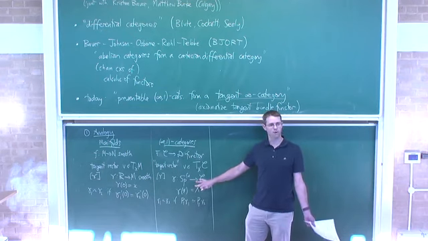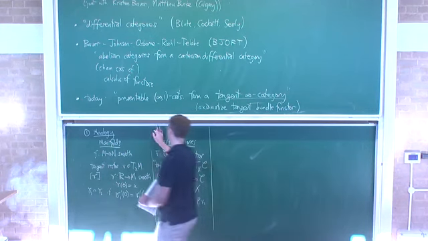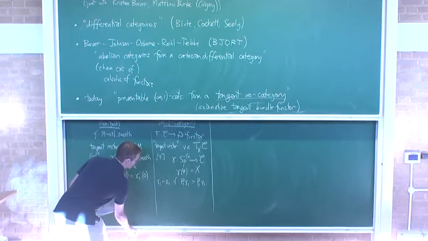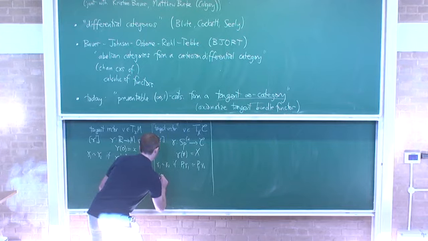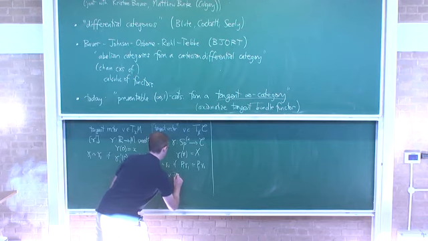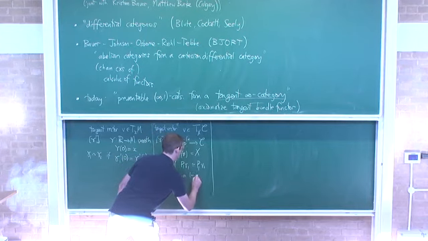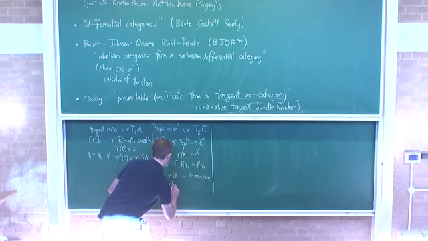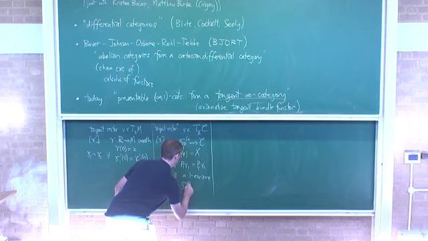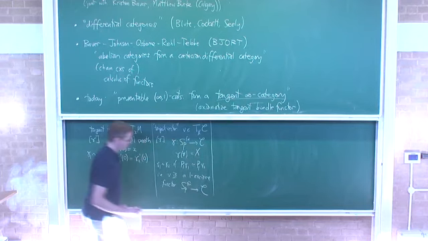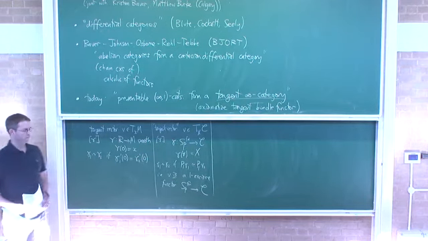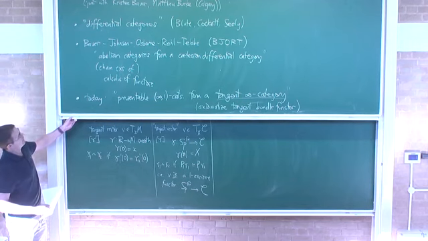So a cleaner way to say what a tangent vector is: V is a one-excisive functor from finite spectra. Okay, so that's our analog of a tangent vector.